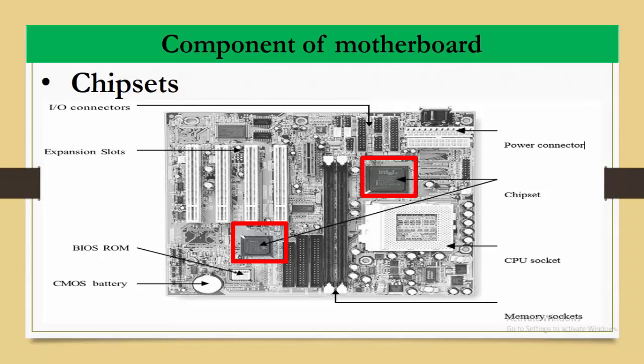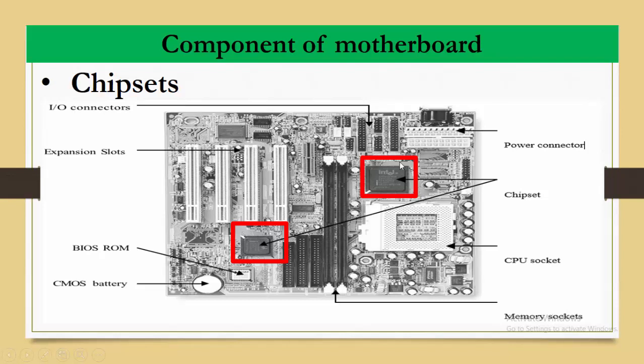Chipsets are usually given a name and model number by the original manufacturer, like Intel's X79. There are two kinds of functional groups in the chipset. The first is the North bridge and the second is the South bridge, as you're seeing here in the figure.